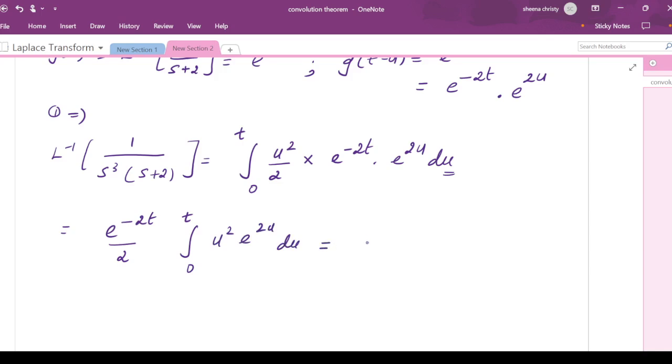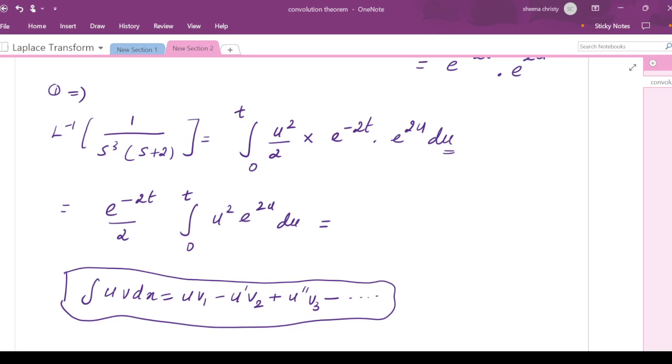Now, by making use of integration by parts or Bernoulli's formula, here Bernoulli's formula we are going to make use of.